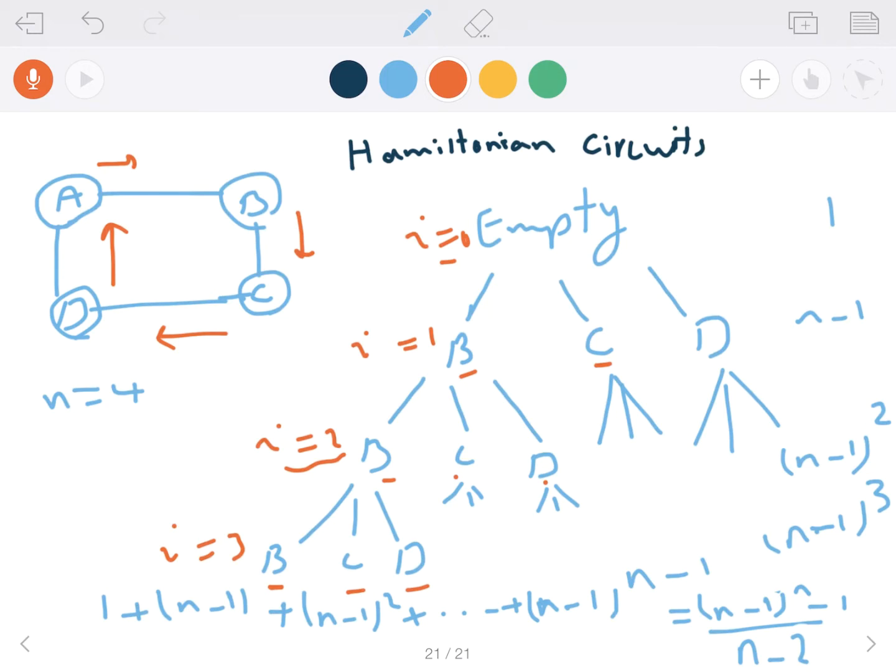So that's the number of nodes in the Hamiltonian circuits state space tree.